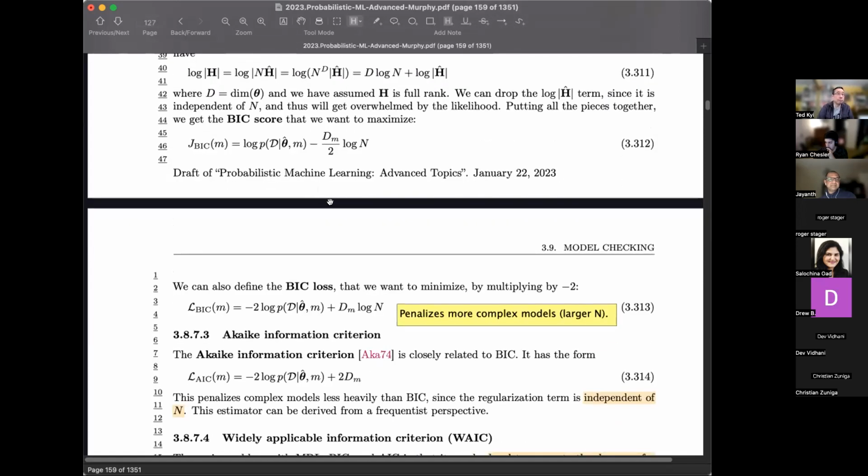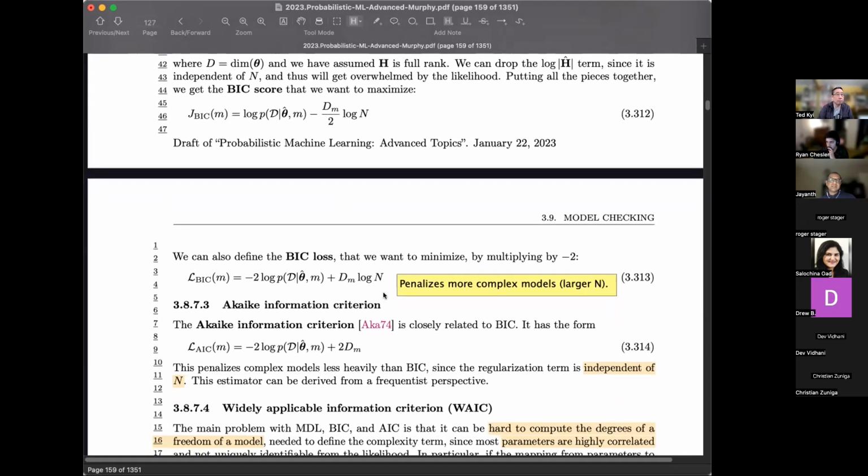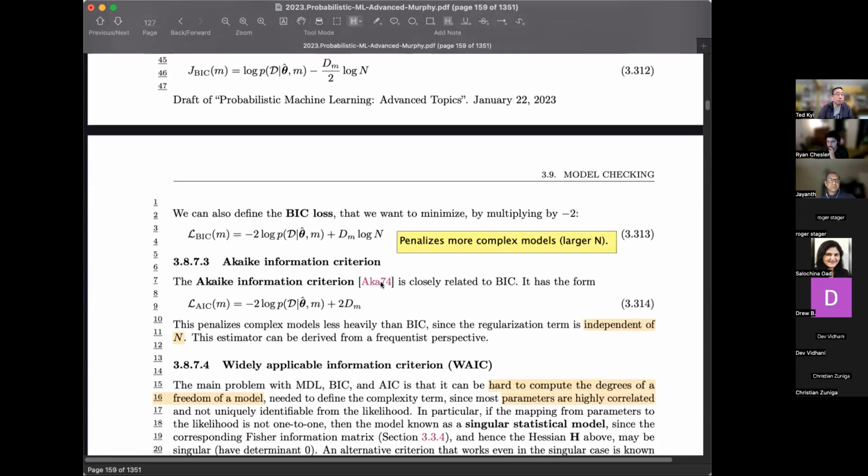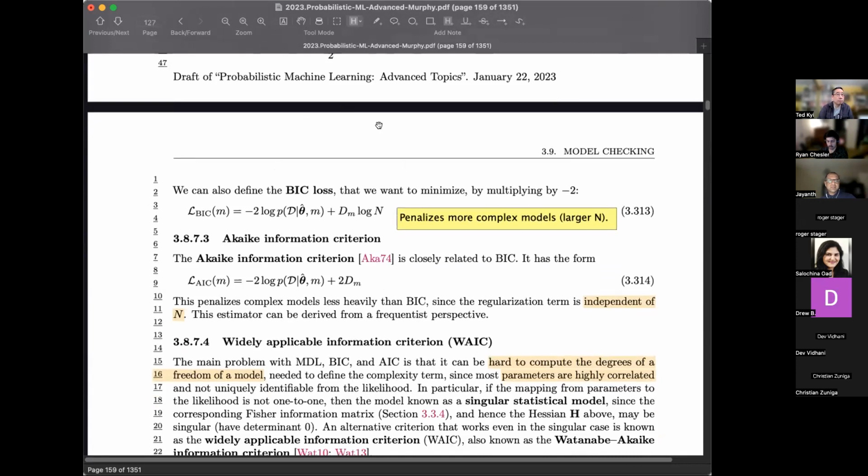The loss here, basically you're penalizing complex models, which have a large N in it. And yeah, so that's a comparison of these 3.